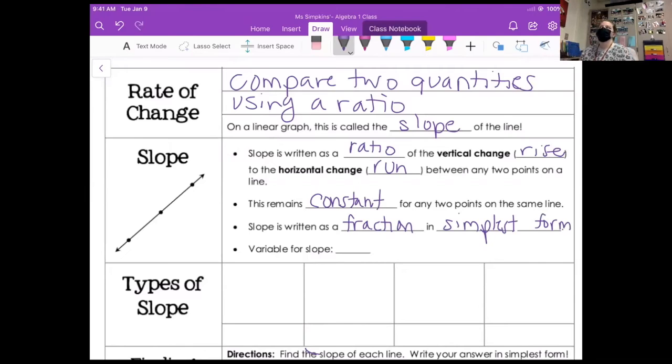Do not write slope as a mixed number. For example, if your slope is 7/4, you're going to write your slope as 7/4. Do not write it as 1 3/4. Because remember, slope is telling me rise on the top, run on the bottom.